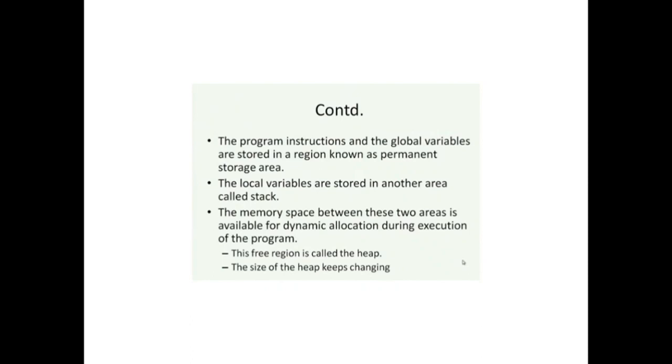So this heap could be of great use, because it is not specified for something very specific at the beginning. There may be a possibility that this particular memory block called the heap can be available for dynamic memory allocation, or can be used at runtime by our application.